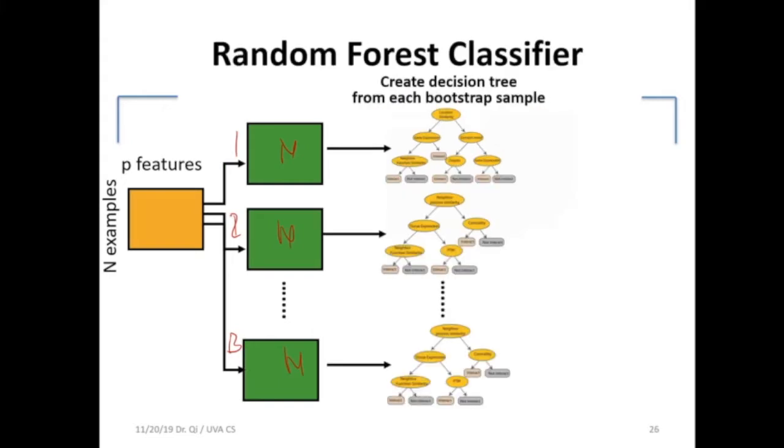All right, so same thing as before, you grow B different trees, and the specific random forest always uses binary trees. I did not cover the variations of trees last time. In fact, there are a lot of different kinds of basic decision trees: ID3, C4.5, CART.